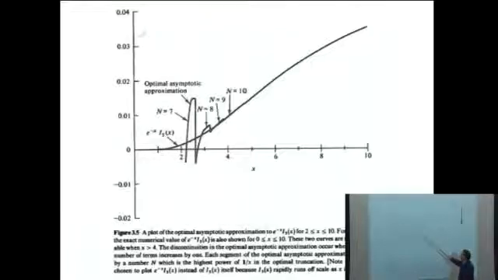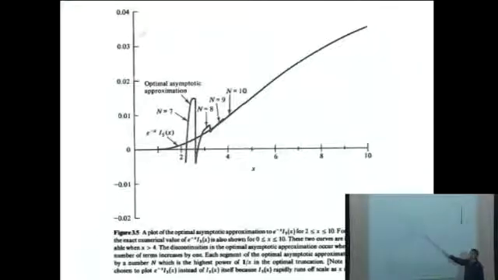Okay? Now, eventually, by the time x reaches 4, you can't see the difference between the asymptotic approximation and the exact answer. But you understand there are jumps here. Do you see this approximation looks jumpy? That's because we've added one more term. As soon as you add one more term, the asymptotic approximation changes.